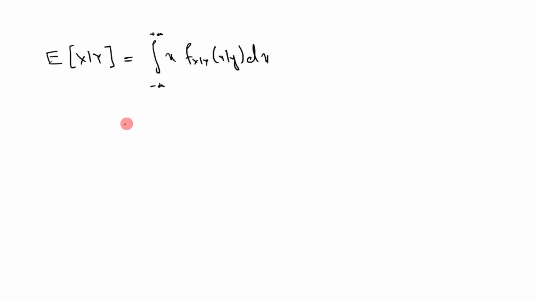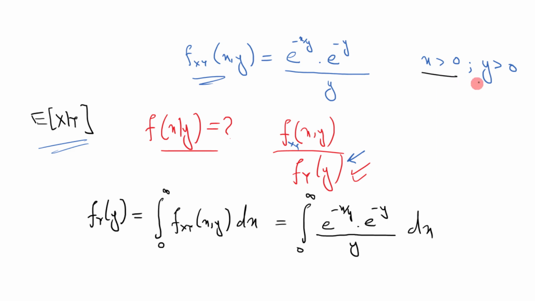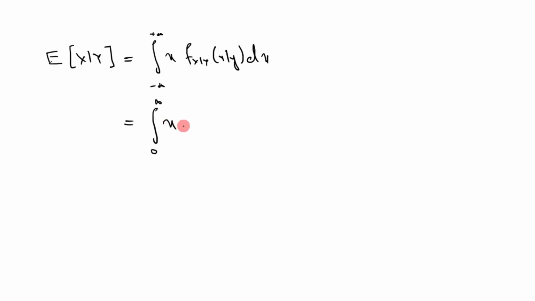dx. So we have just determined this conditional density function, and the integration limits will change from 0 to infinity because in our problem we have this function valid for 0 to infinity. So here we have x, and this f of x given y is equal to e raised to power minus x over y divided by y, and we are integrating it with respect to x.